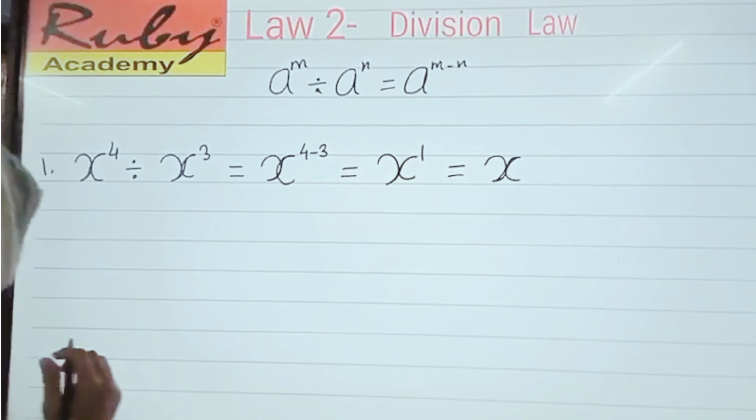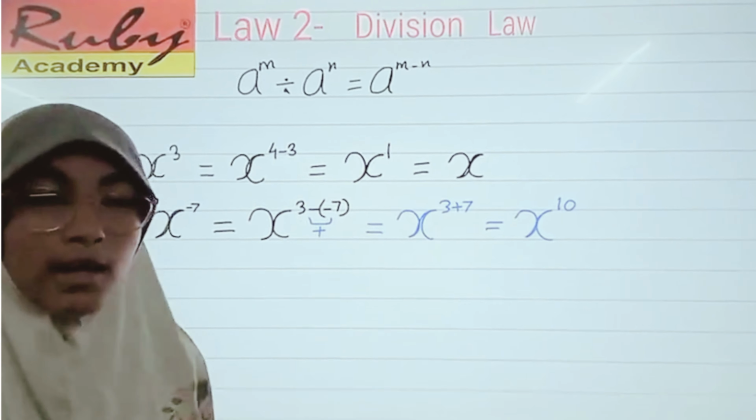Now as you can see here also we have to apply the integer rules. So both the negative signs, which are minus for this and this minus, will become positive. So we will rewrite the powers as x raised to 3 plus 7, which is equal to x raised to 10. So this is an example of the negative powers.